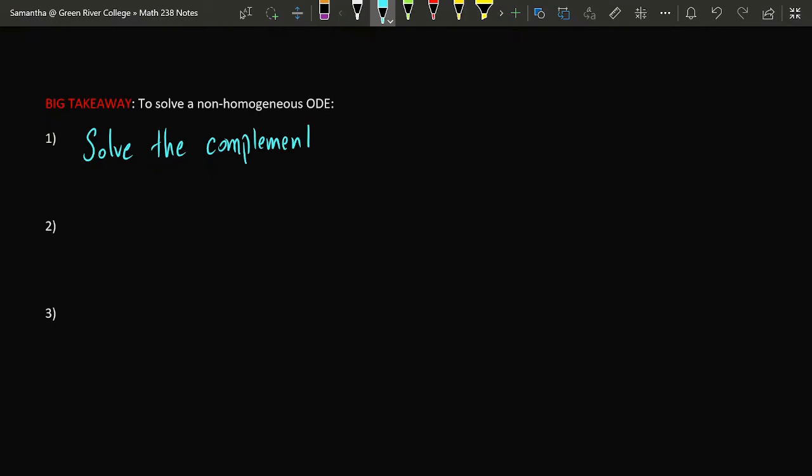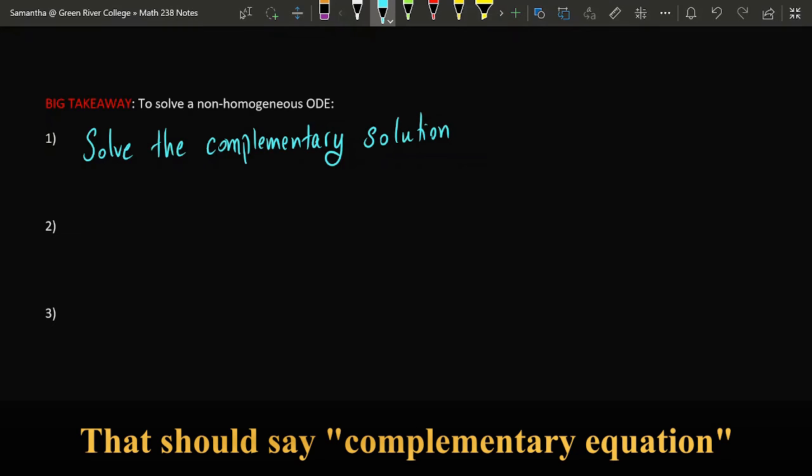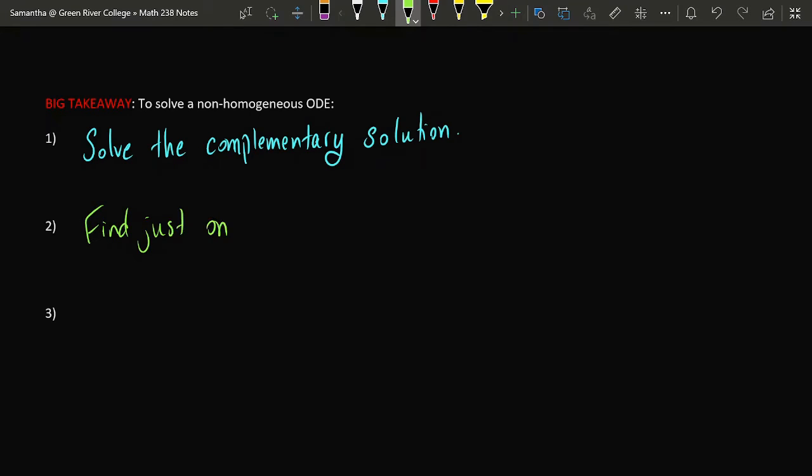Replace the right side with 0 and use the techniques of the past couple of days to solve the associated homogeneous ODE. Then find just one solution to the non-homogeneous ODE, the one that has the function of x on the right side.